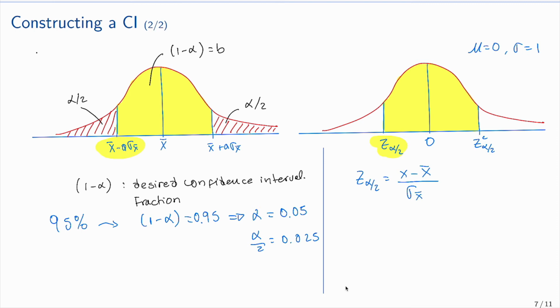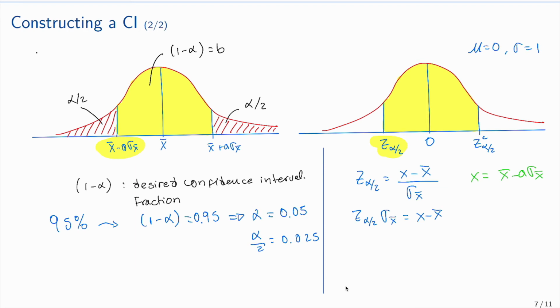So recall that the value that we are interested in, x, will be our value that corresponds to c of alpha over 2. So x in reality is equal to x bar minus a times sigma of x bar. If we solve for x, what we have is that z of alpha over 2 multiplied by sigma of x bar is equal to x minus x bar.